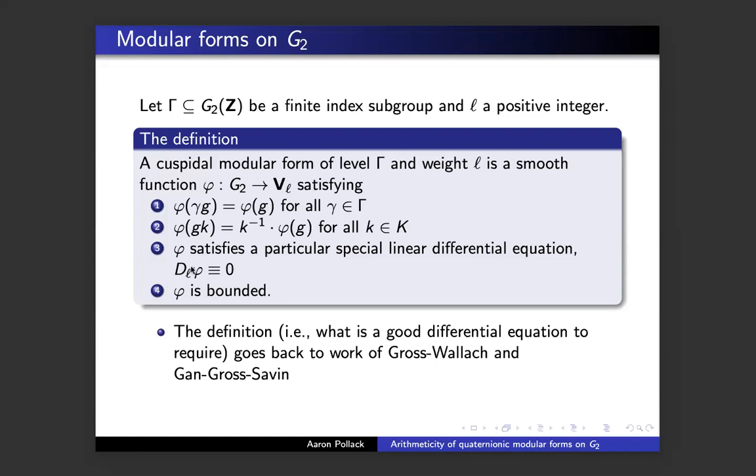If you satisfy this equation D sub L equals 0, you're necessarily an eigenfunction for the Casimir. One can prove that. And so in that sense, satisfying this equation implies you're an eigenfunction for the Laplacian, but this is a stronger condition.